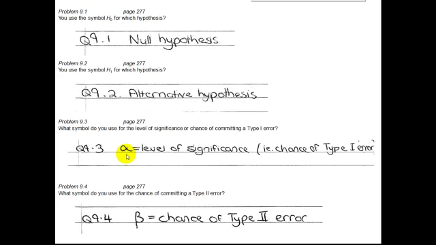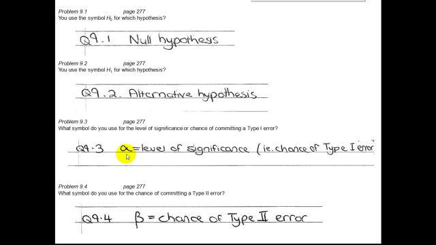Now, alpha is the level of significance, but it's also the chance of committing a type 1 error. Now remember, a type 1 error is the chance that you reject the null hypothesis when it really was true. And that's different to a type 2 error.